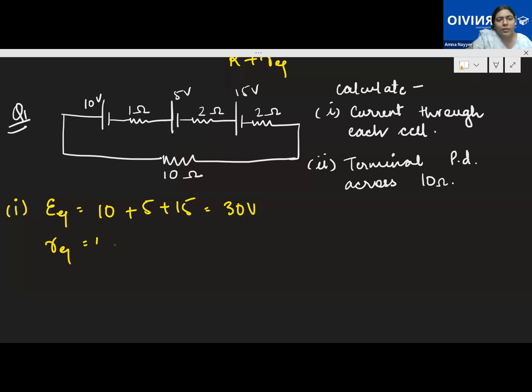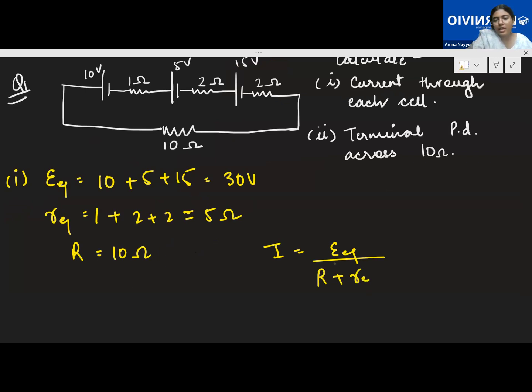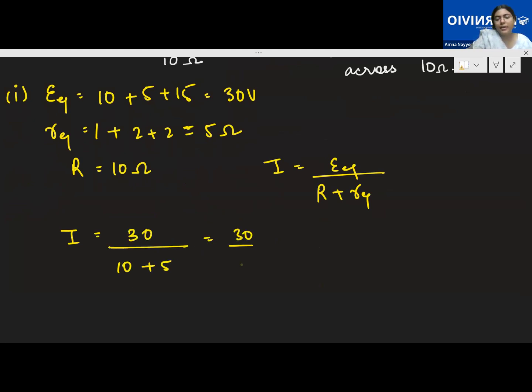R equivalent will be 1 plus 2 plus 2, that is 5, and capital R is 10. So current is equal to E equivalent divided by R plus small r equivalent, which is 30 by 10 plus 5, that is 30 by 15, which is equal to 2 ampere.